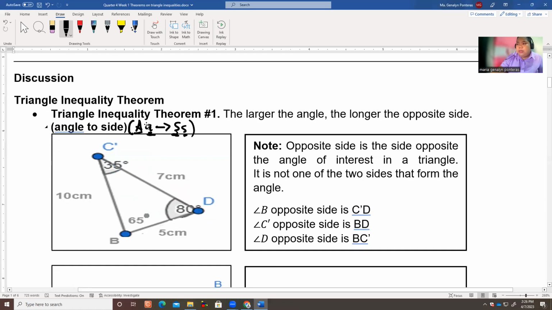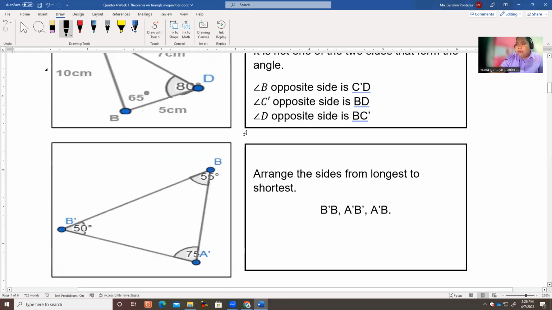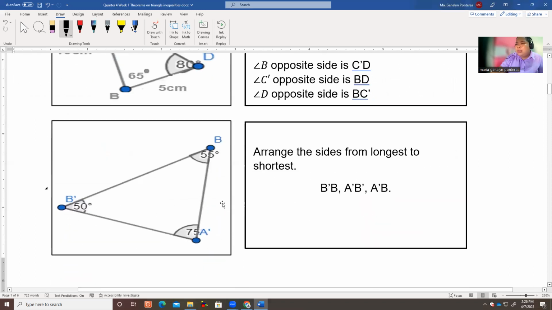The larger the angle, the longer its opposite side. Now, what's the essence of knowing this theorem? Because there are instances where only the angles are given, but you are asked what the longest side is and what the shortest side is.